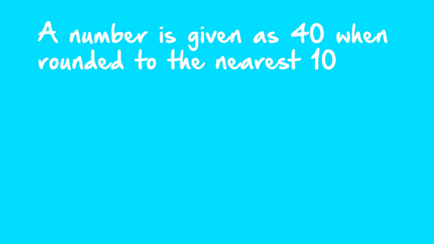So let's say a number has been rounded off to the nearest 10, and once rounded off to the nearest 10, it is 40. The smallest that that number could have been initially was 35, because any smaller than 35, when you round it off to the nearest 10, well, we would round it down to 30 if it was smaller than 35.